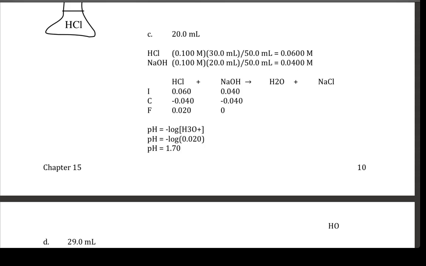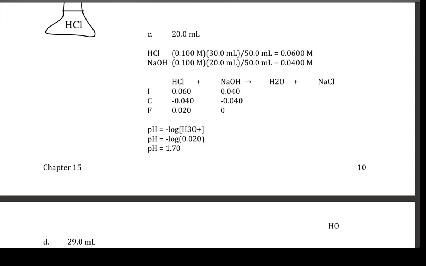So we have 0.0600 molar HCl to start with. That goes in the initial line of our ice table. For the NaOH, it's 0.100 molar times 20.0 mLs divided by 50 mLs, and we get 0.0400 molar. That goes into our table as well.